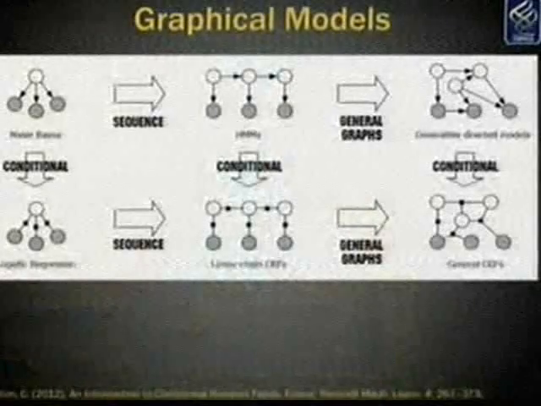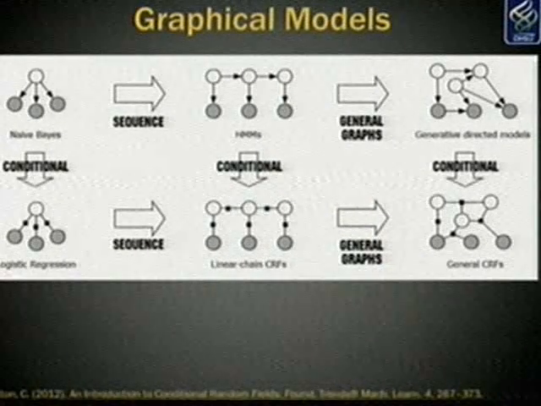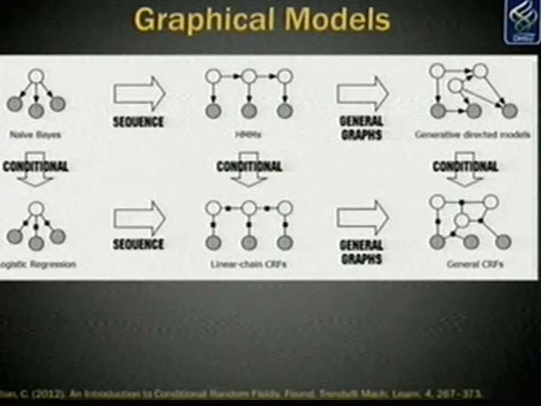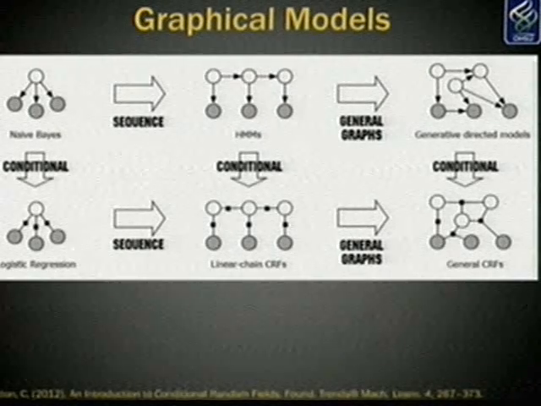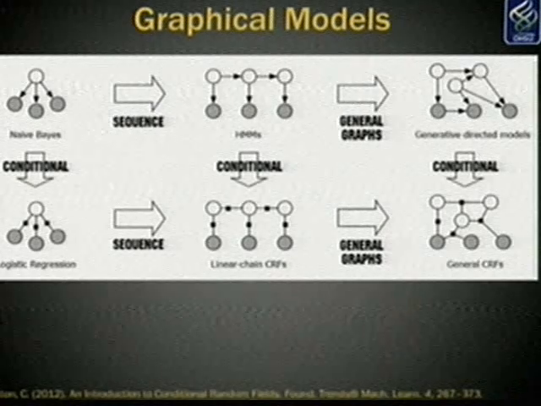So the previous one is kind of a toy, and this is maybe more what they might look like with a huge amount of different nodes all interconnected. This is an overview of just some of these types of graphical models. So maybe you've seen naive Bayes before, or logistic regression. In all of these, the gray dots are things that are known, and the white dots are things that we're trying to understand or predict.